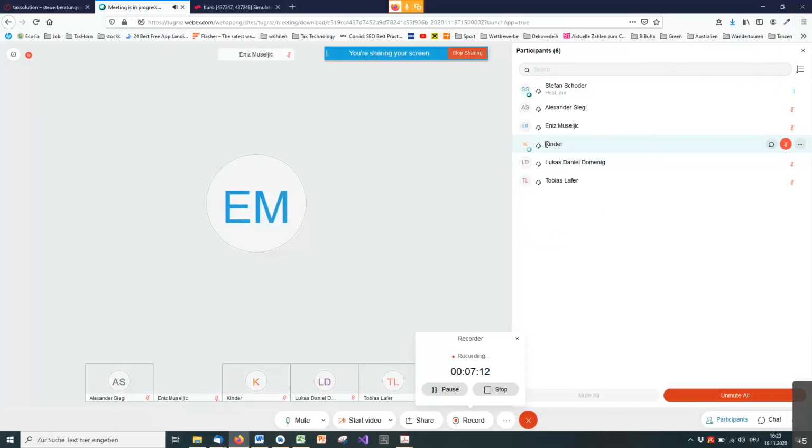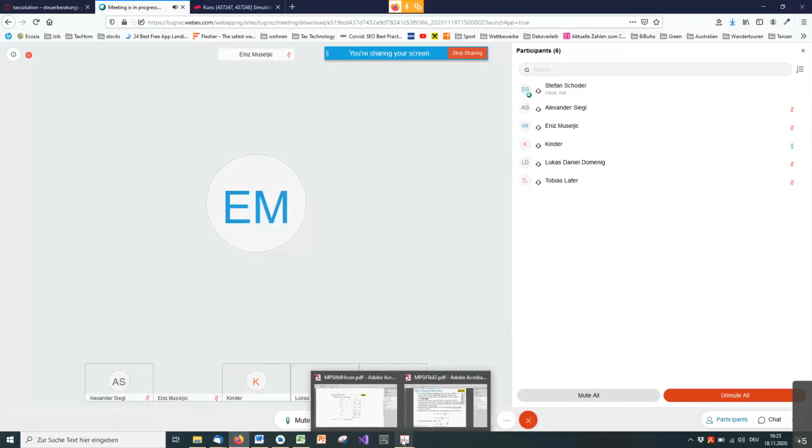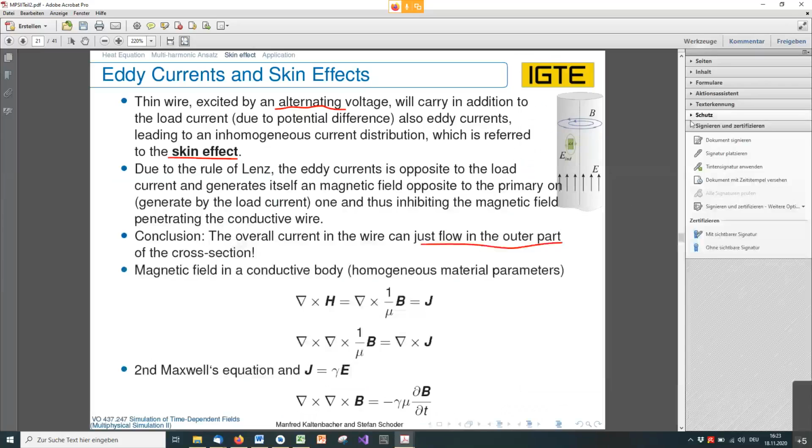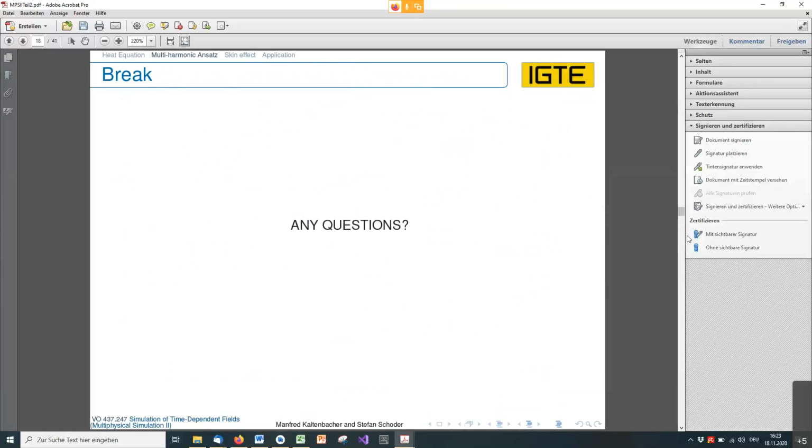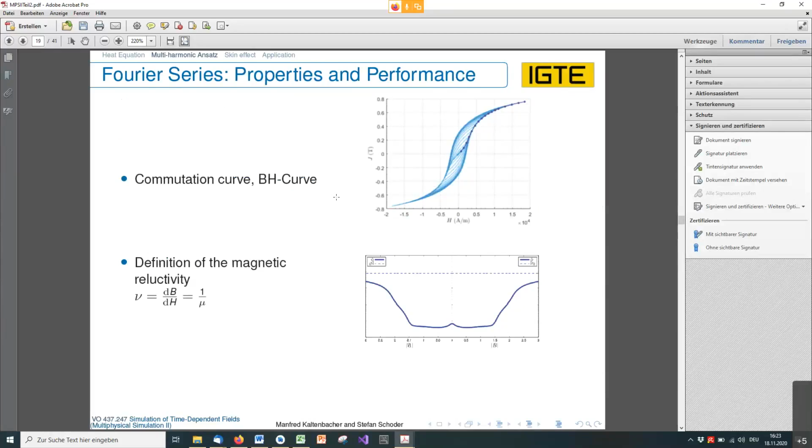What did we have left? Probably he could explain a little bit on the nonlinearity of the material parameters. I will put up a slide. Probably we just do the commutation curve, and the commutation curve shows us how the magnetic current depends on the magnetic field.